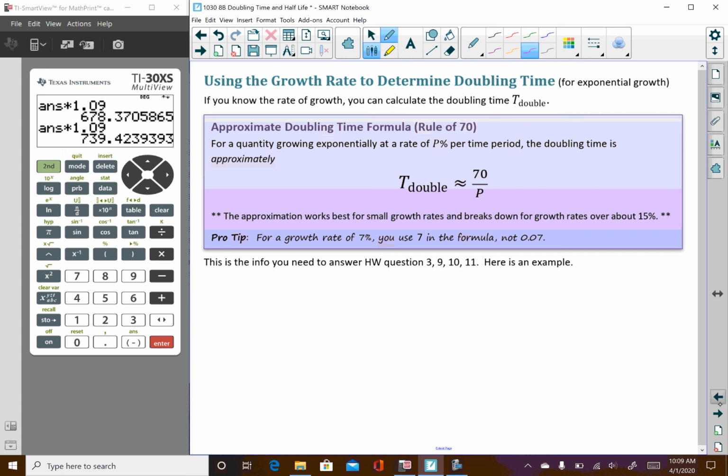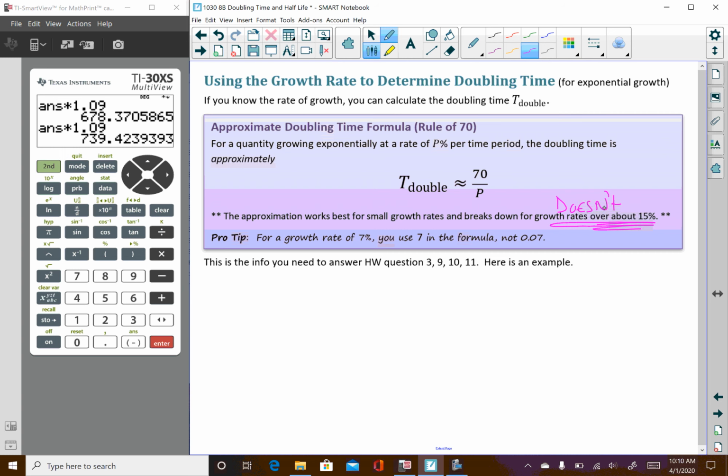Now that approximation works really great. It's pretty accurate for small growth rates, but anytime it starts to get over about 15%, it doesn't work. So I think on some of the multiple choice problems, it'll have you select which one this wouldn't be appropriate for. Well, anything that has a growth rate over 15%, this would not be an appropriate formula to use.